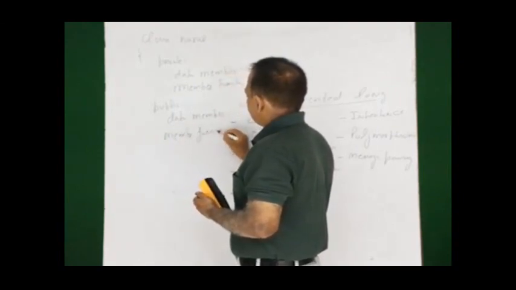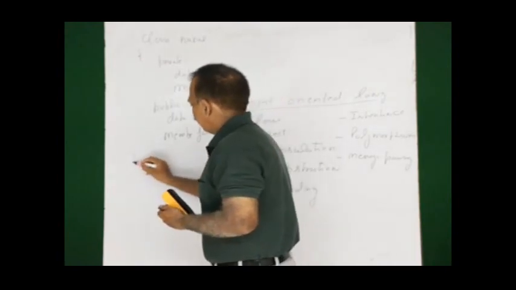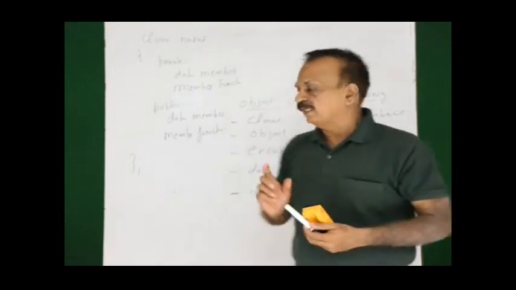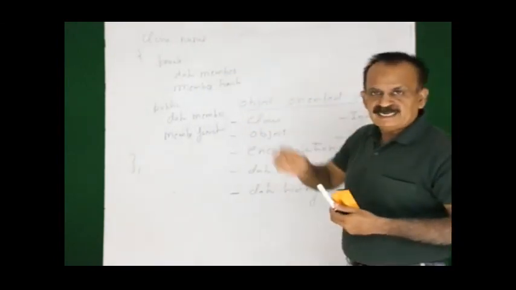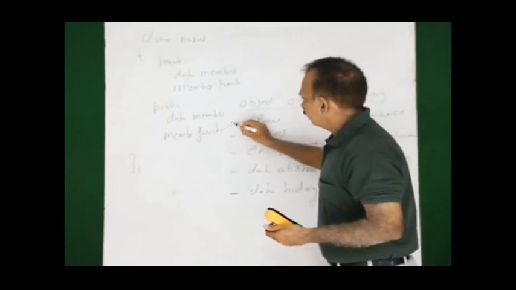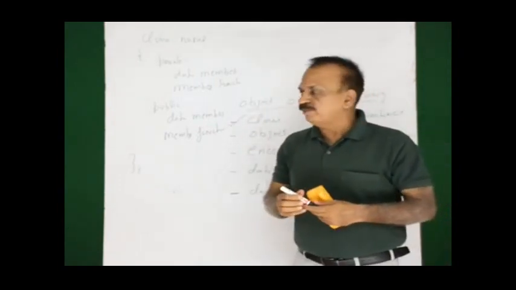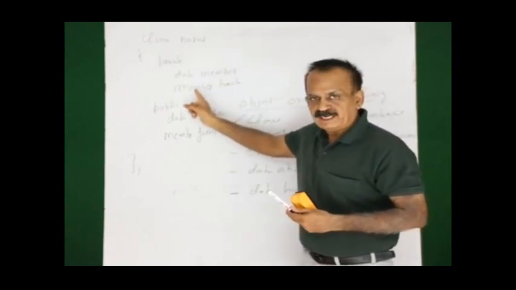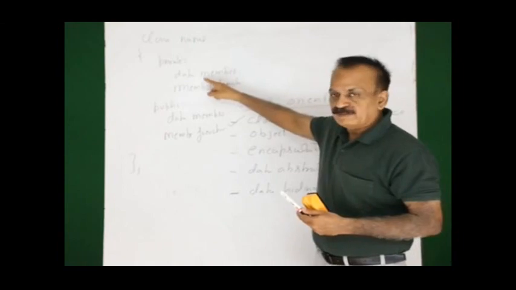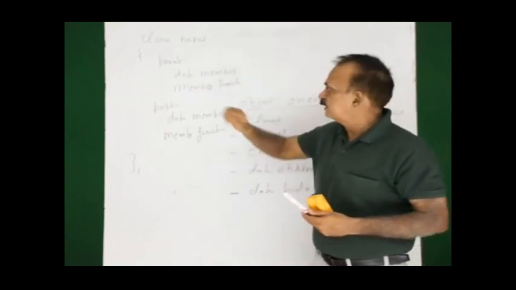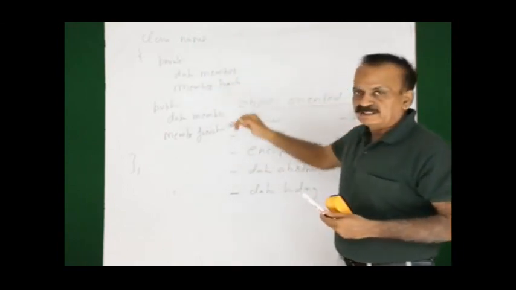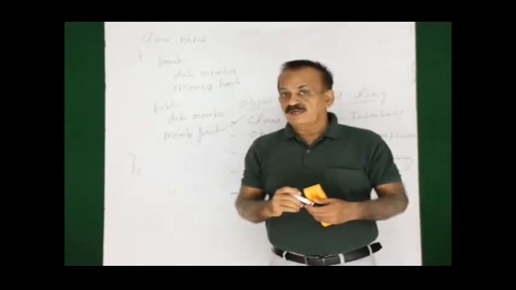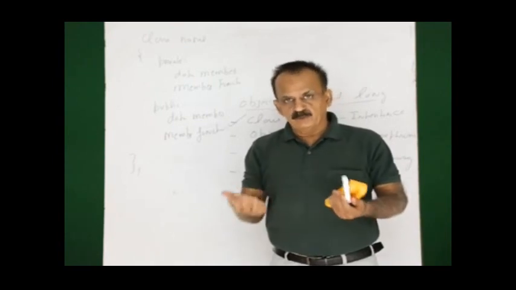Data members represent the values associated with the class, and the member function represents the operations performed on that particular class. Now, what basically is a class? Class is a user-defined data type which is a combination of data items and the operations performed on those data items. Data members represent the values associated with the class, and the member function represents the operations performed on that particular data item.